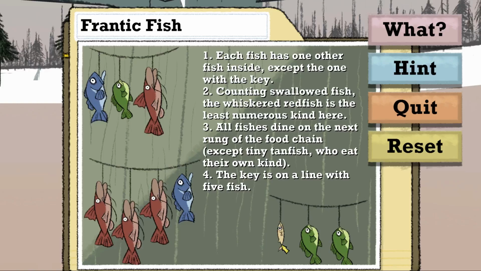I know that's not right, but that's just how it sets it up. Then, counting the swallow, each fish has 1 other fish inside. So, my concept of the infinite loop, we can effectively throw out the window.